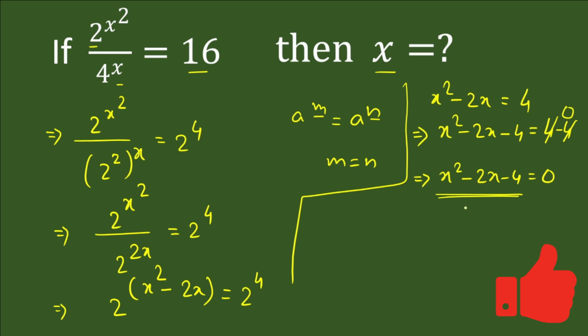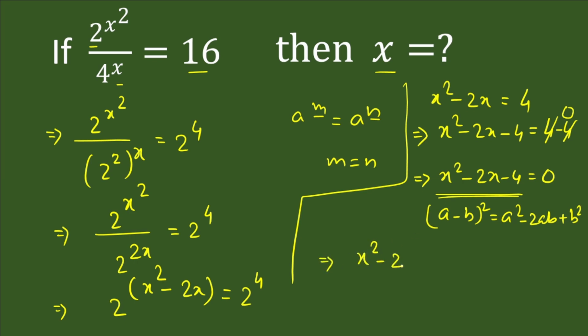Now here we'll make it in the form of a minus b whole squared. The formula for it is a squared minus 2ab plus b squared. So a will be x and b will be 1. So now look at here, we will make this expression x squared minus 2 times x multiplied by 1, right?